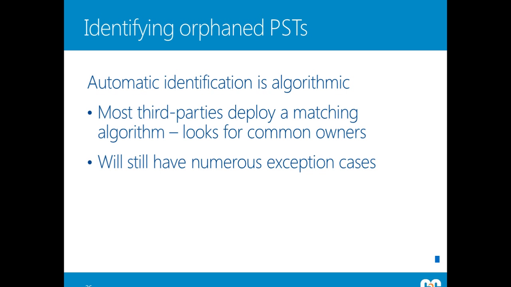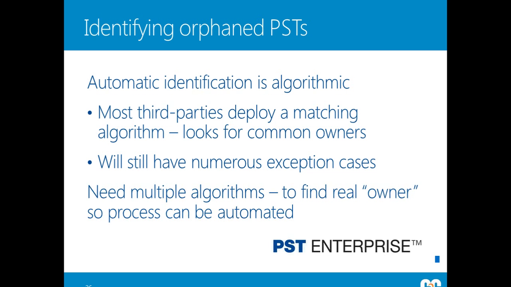This is going to work in some cases, but you're still going to deal with numerous exception cases. Now, PST Enterprise uses multiple algorithms, so it's not just relying on the basic owner match. Ultimately, this means you can rely on the software to identify the logical owner and allow orphan identification to run as an automatic process. So let's take a look at that.